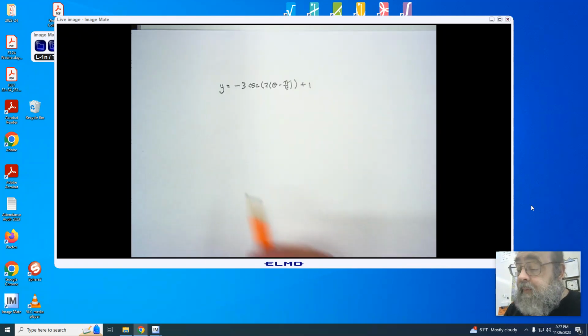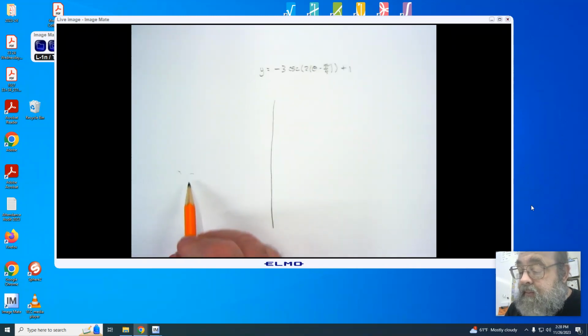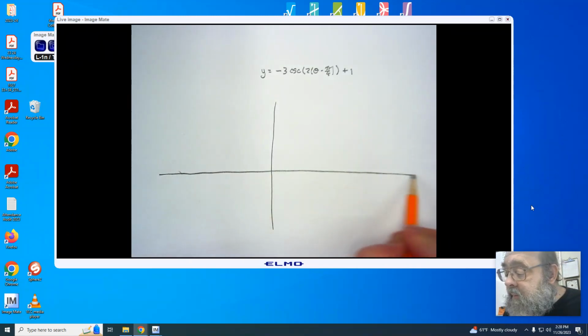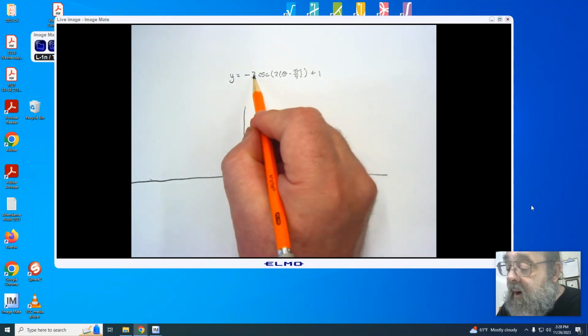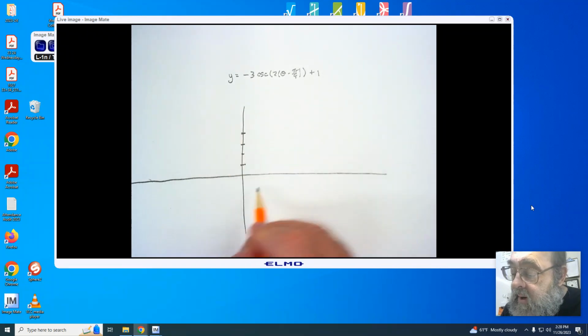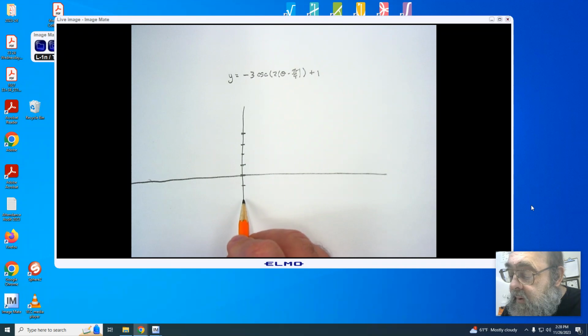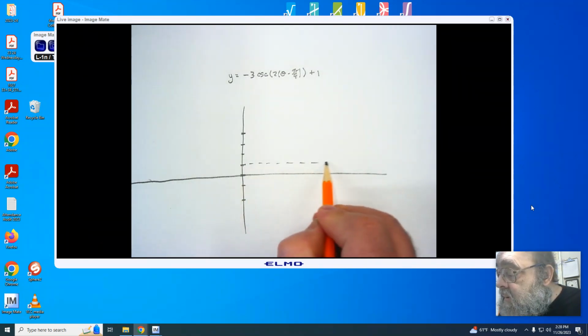So we're going to start off with our center line. Here's my graph. The center line is going to be positive 1, and we're going up and down 3: 1, 2, 3, down 1, 2, 3. So here is our center line.